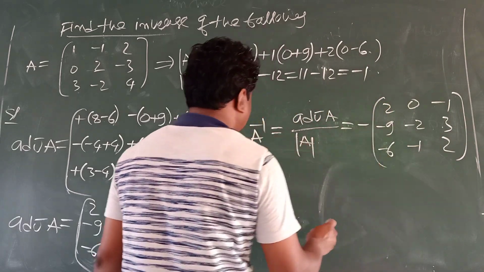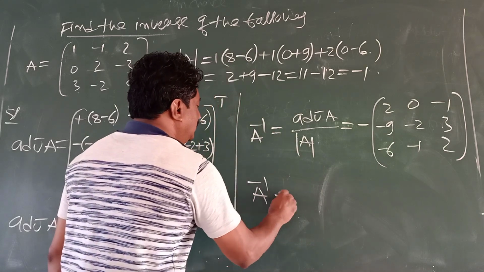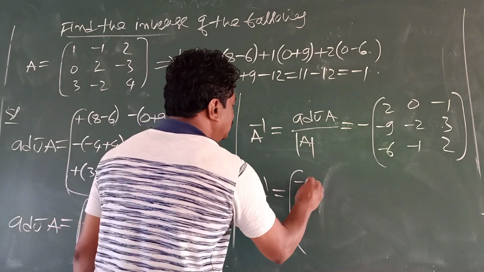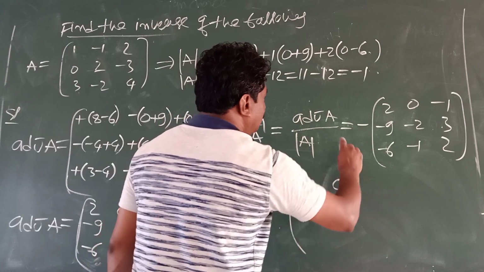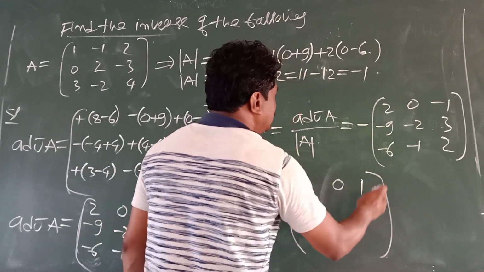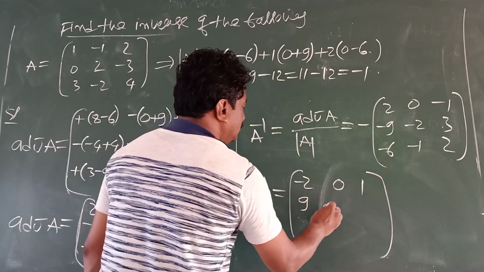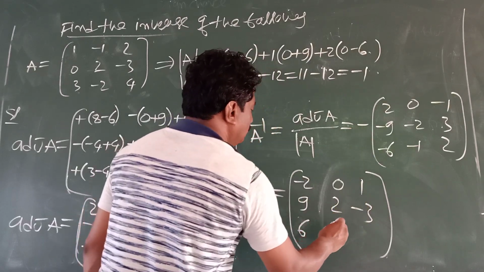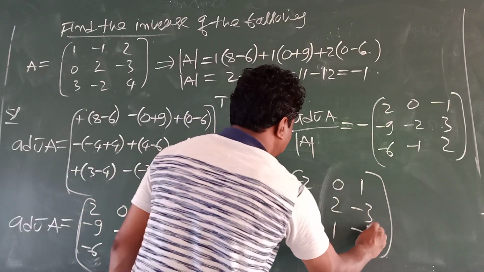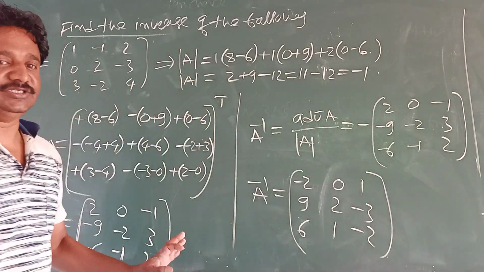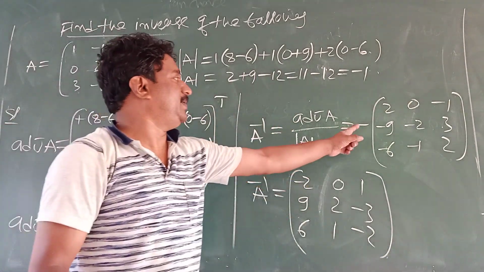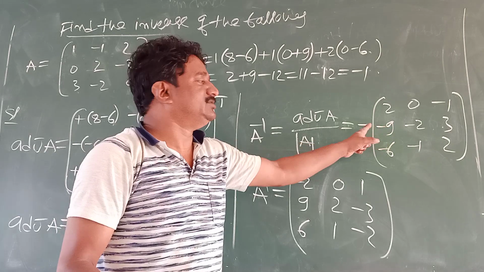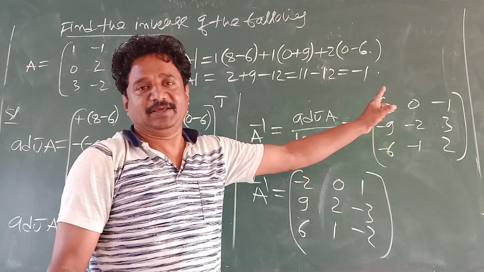Multiply by minus. A inverse equals minus 2 0 minus into minus plus 1 9 2 minus 3 6 1 minus 2. We got A inverse. Whenever there is minus outside, go for multiplying, students.